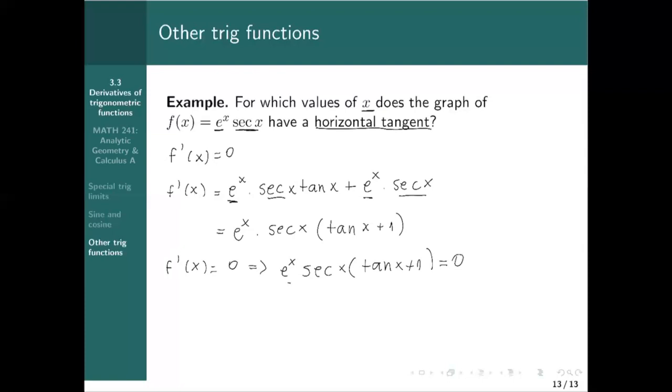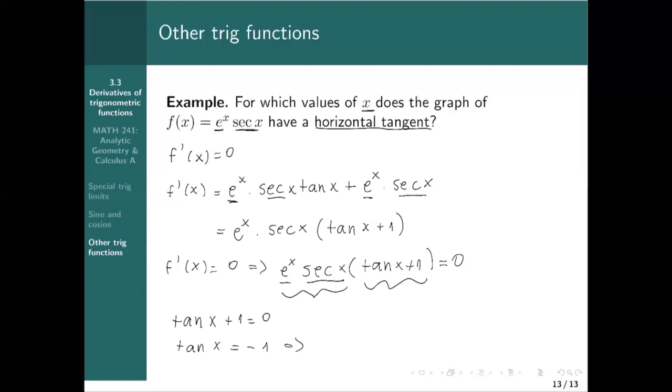So e to the x is never going to be equal to 0. Secant of x is never going to be equal to 0 either. So we have a product of two things that is going to be equal to 0. But this term is never going to be equal to 0. So it means that we need to have the second term being equal to 0. So tangent of x plus 1 has to be 0, which means tangent of x is equal to minus 1.